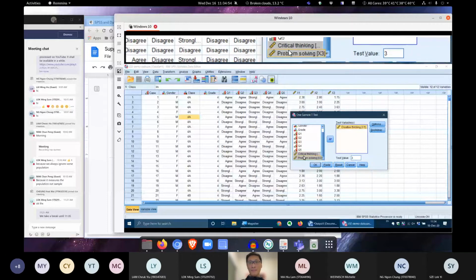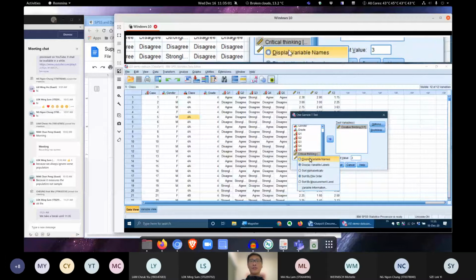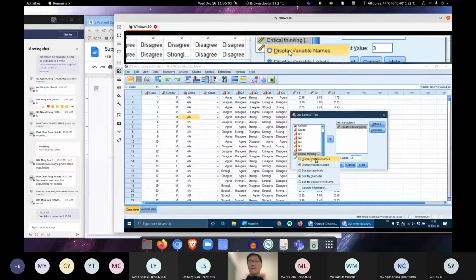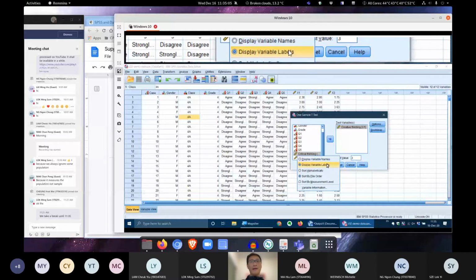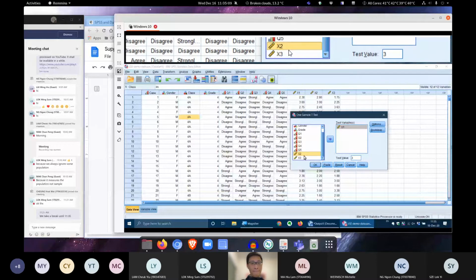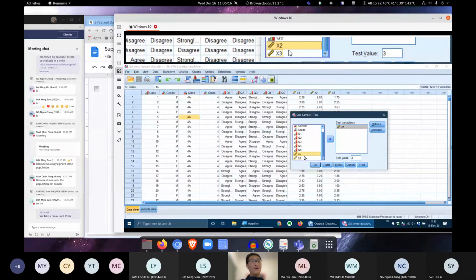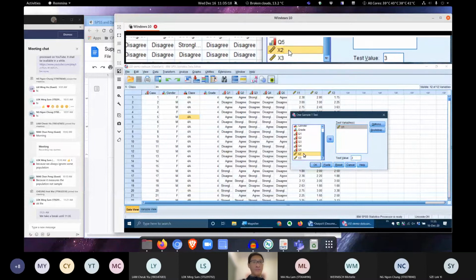Now, if you want to simplify things a little bit, you can right-click here and choose display variable names rather than display variable labels. In that case, you will only see the variable name. Of course, sometimes it is more convenient, but sometimes it is not. It depends on how you set up your labels and the variable names.